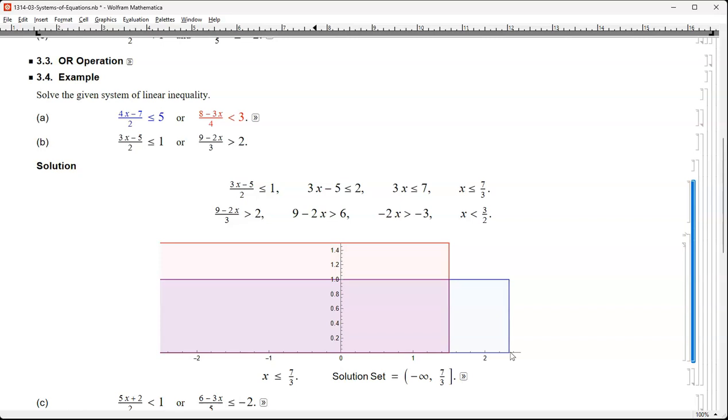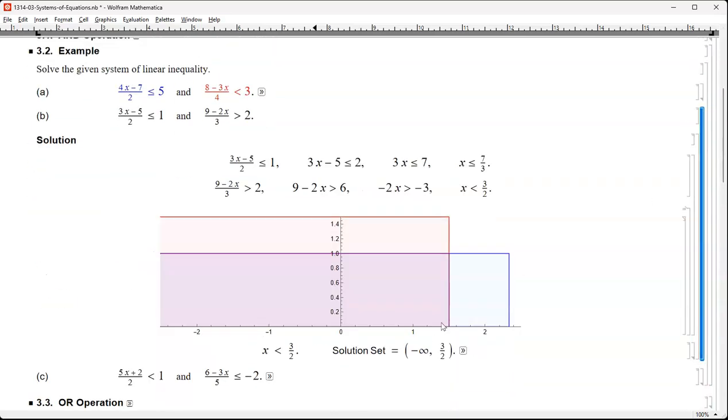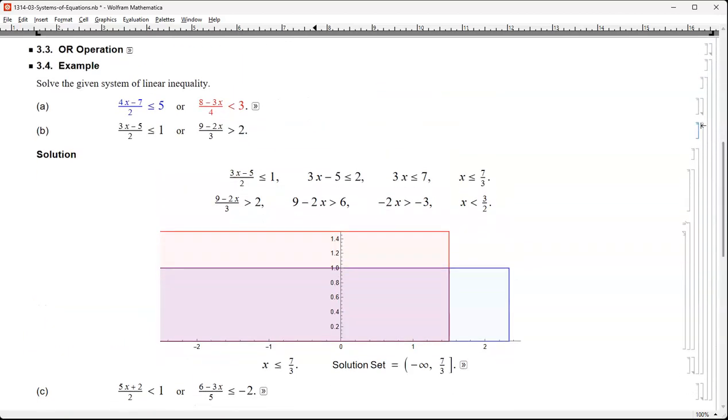And then this is OR operation, so either way it's okay, covered by red or covered by blue or both, all okay. So negative infinity to 7/3. Previously it was intersection, so we went up to 3/2, only those covered by both. But this time either A or B, both are okay.